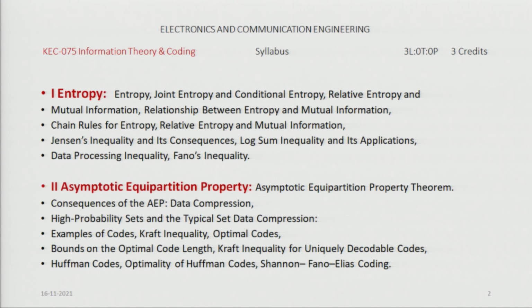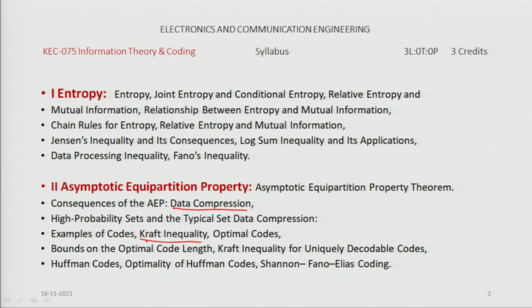In the second unit we will cover the source coding theorems. In that: asymptotic equipartition property, consequences of AEP, data compression, high probability sets and typical sets, and examples of codes.